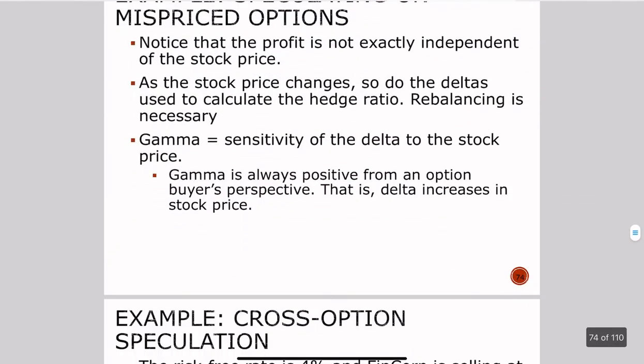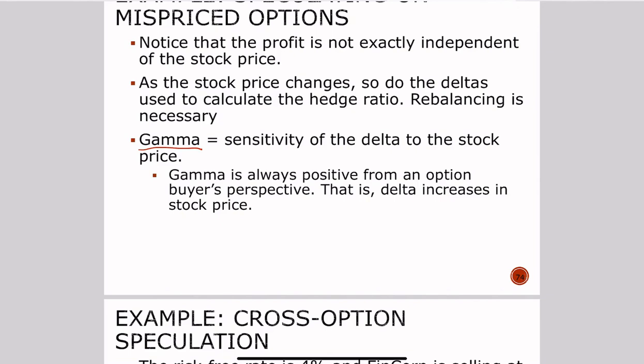So we could define this kind of change using gamma. What is gamma? Gamma is the sensitivity of the delta to share price. And we know that gamma is always positive if you're taking a long position in options. I'm just trying to define gamma here.